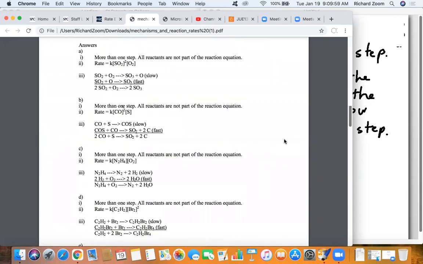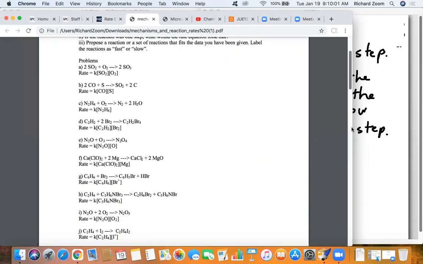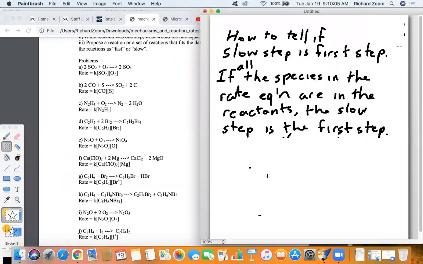This does have answers, by the way, and you can see them there. And you have access to this too. But we'll look at A to begin with and how we would handle it.